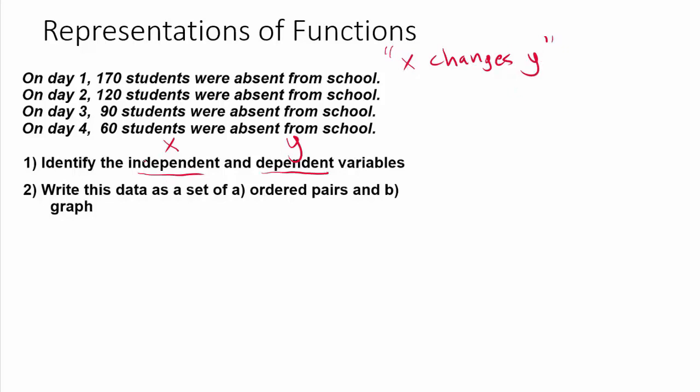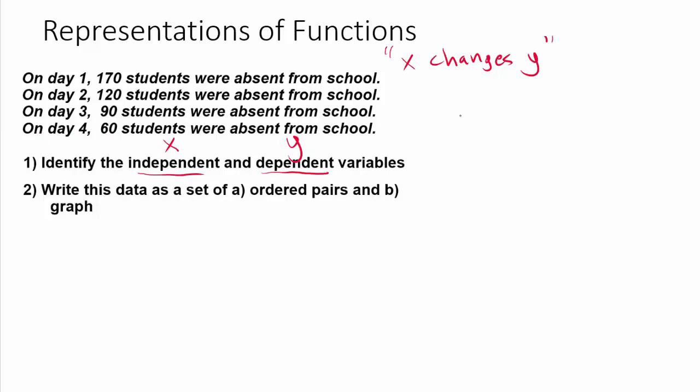So if we look through this here, it says identify the independent and dependent variables. First off, it says on day 1 there were 170 students absent from school. On day 2, 120 students were absent from school. On day 3, 90 students were absent from school, and on day 4, 60 students were absent from school. So we're going to identify the independent and dependent variables.